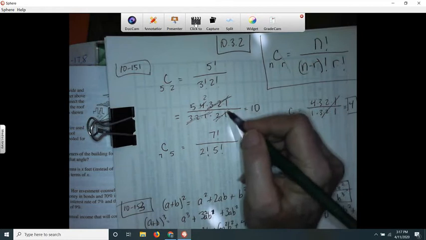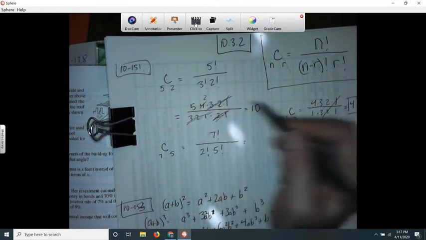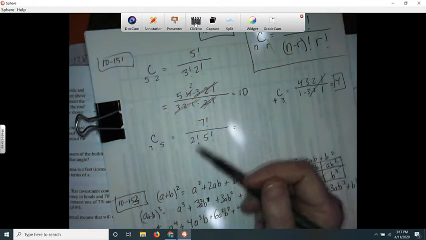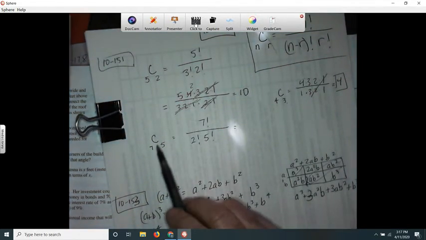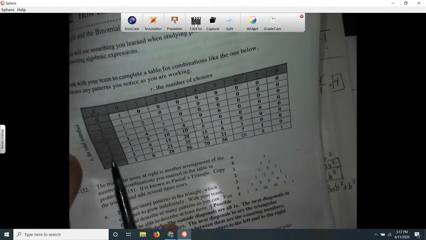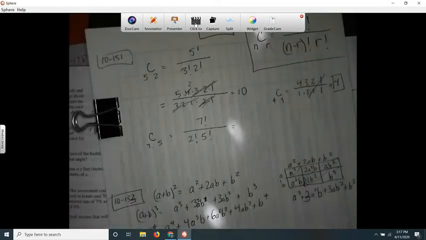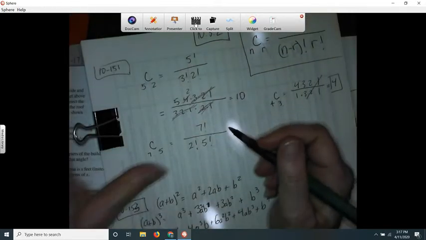Let's do another one. This would be the combination of 7 things taken 5 at a time. I think that's supposed to give me a 21 right there. So let's see if I get that. I'm going to go 7 times 6. Now, if you don't mind, I'm going to take a shortcut.